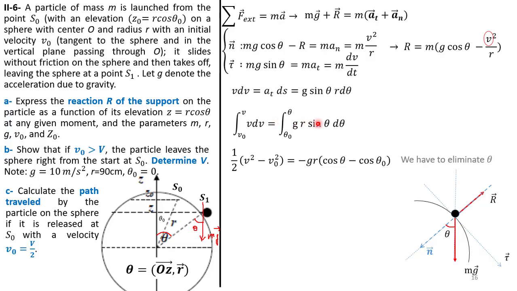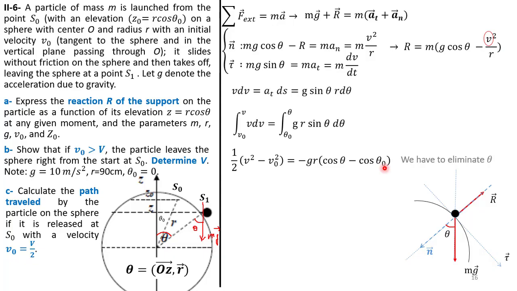Now the integral of sine theta d theta is equal to minus cosine theta, and theta goes from theta 0 to theta. So this quantity will give us equal minus g r parenthesis cosine theta minus cosine theta 0.